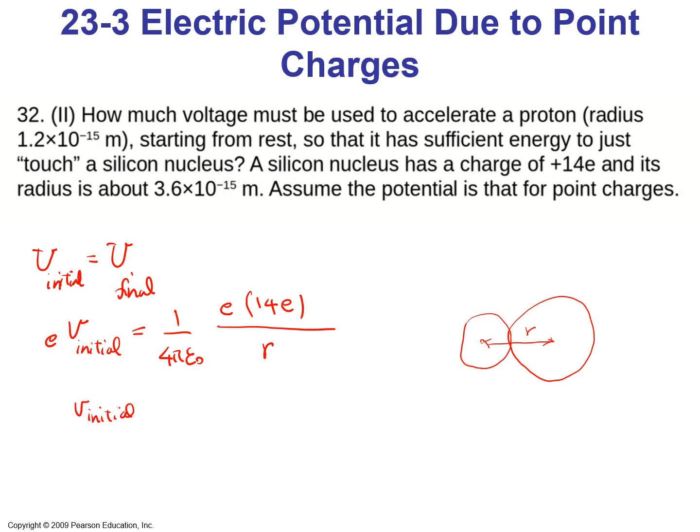So we can solve it for the initial potential, and this is equal to 1 over 4 pi epsilon naught times 14 electron charge divided by R.